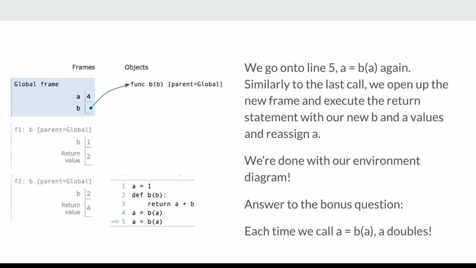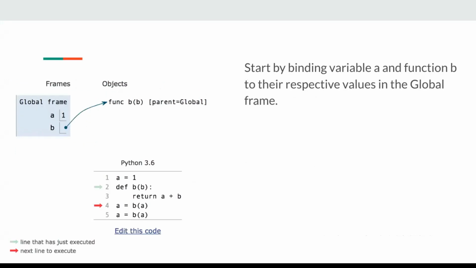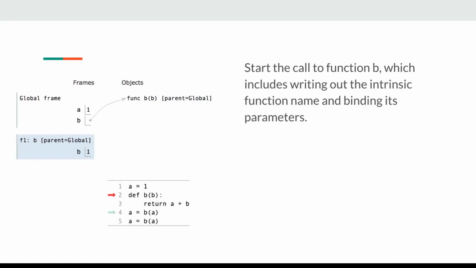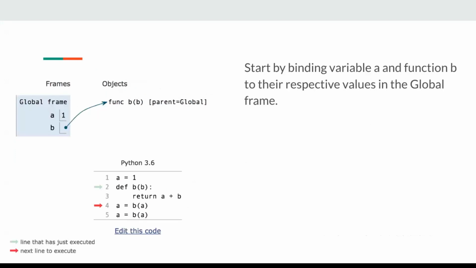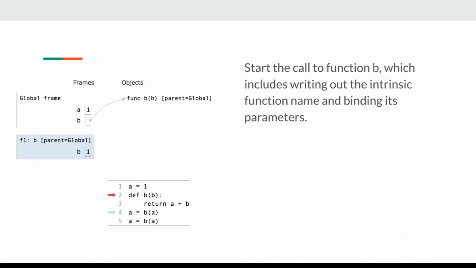For the F1 frame, what would B be again? I know A is size 1. Basically, if we go back here, inside our function F1, A is equal to 1, and we pass that into our function call for B. So we should think of it like we're calling B1 instead of calling BA.